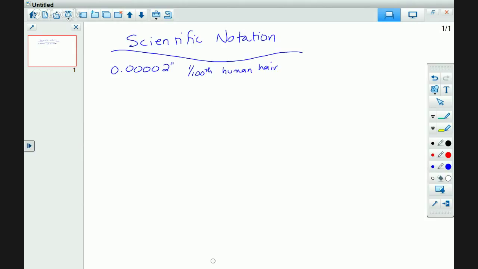Okay. So one way is for just what we call decimal notation. And that would be something like that. Okay. Please write this down. It shows you're being responsible.